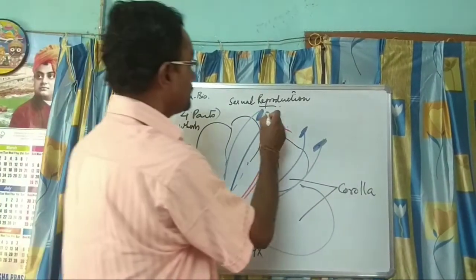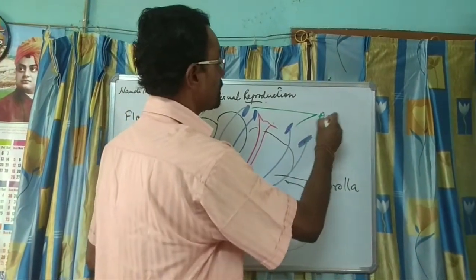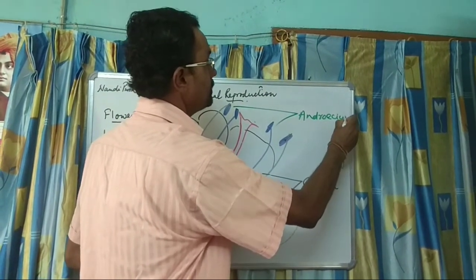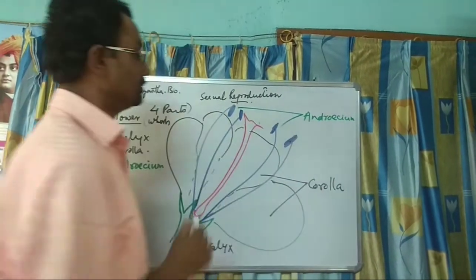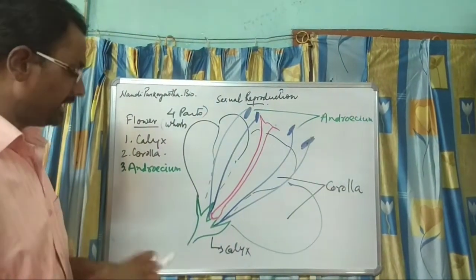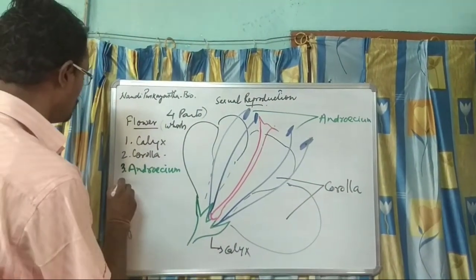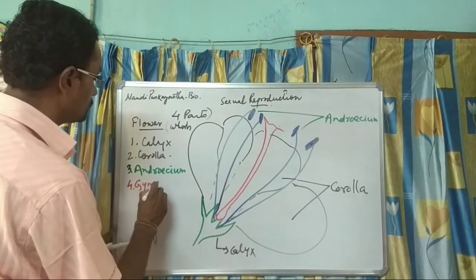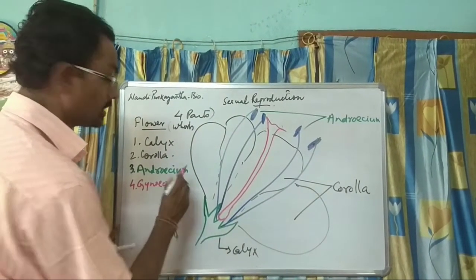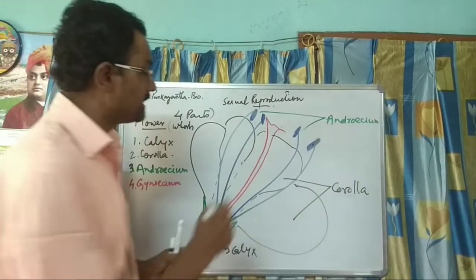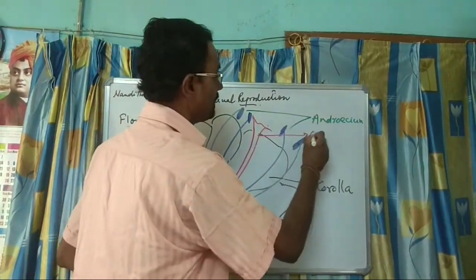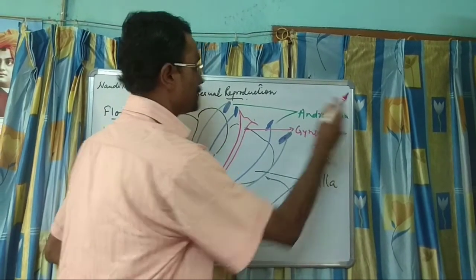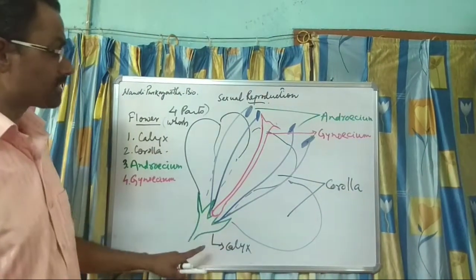These parts are called androecium. The diagram is in blue. Finally, the fourth one is gynoecium. Gynoecium is the female part. So these are the parts of a flower.